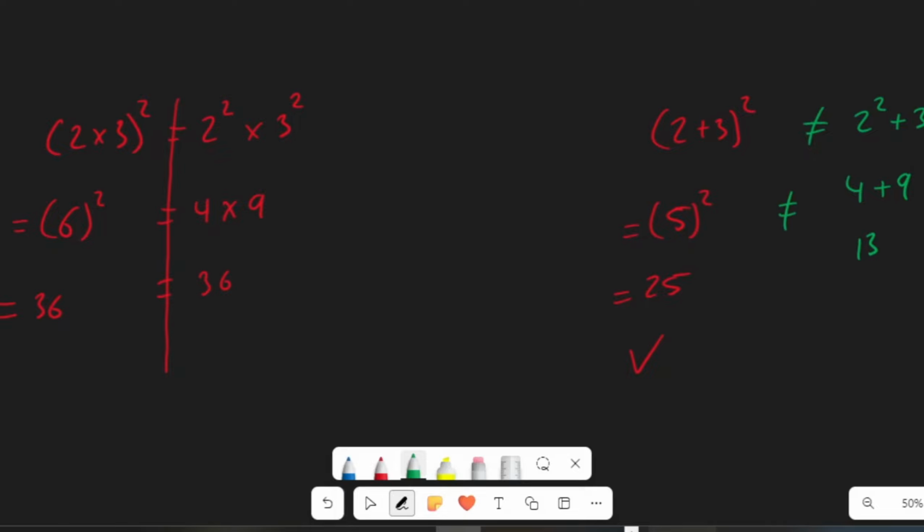As you can see, the numbers are completely different. This is the incorrect way to do it, and this is the correct way to do it. So always double check. Make sure if it's addition or multiplication, because the methods you take will be different.